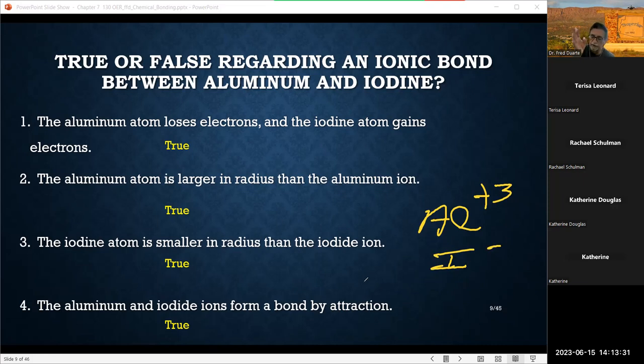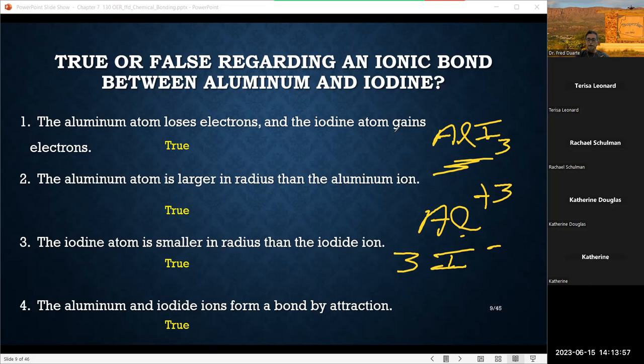Just like the bromide and the chloride. I need 3 iodines for every aluminum +3. So the formula is AlI subscript 3. Aluminum iodide. Not triiodide, but just simply aluminum iodide.